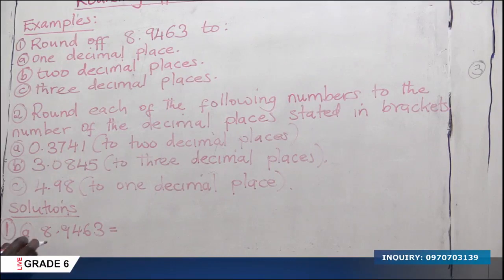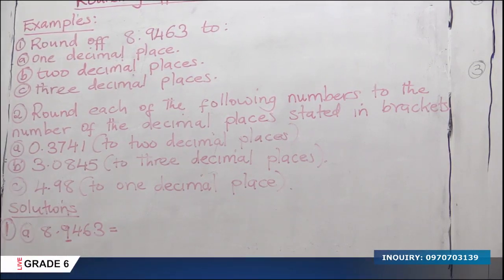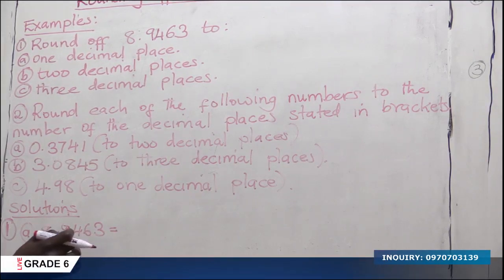So how do we round off that number to 1 decimal place? Boys and girls, the first decimal place is 9. Remember, we are rounding off to 1 decimal place. So if the first decimal place is 9, check the next number. Remember our rule, that if a number is between 0 and 4, what do you do? You round down. In this case, we remove the other numbers if the next number is between 0 and 4.